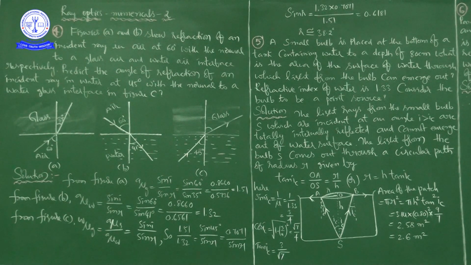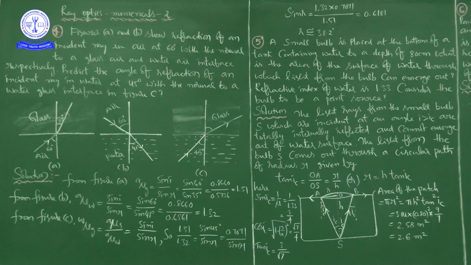The second law says the ratio of the sine of the angle of incidence to the sine of the angle of refraction is constant. That is also called Snell's law. Now we are going to see the solution clearly.